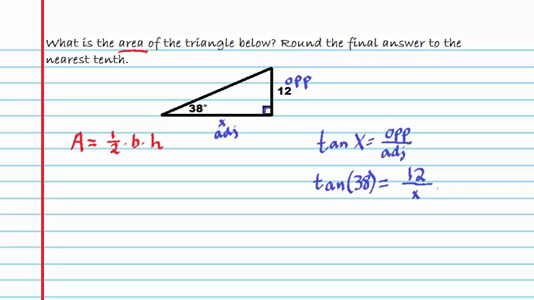In order to solve this trig function, I'm going to get x out of the denominator. I'm going to multiply both sides by x. It cancels out on the right side, so I now have x times the tangent of 38 equals, the x's cancel, and I'm left with 12.